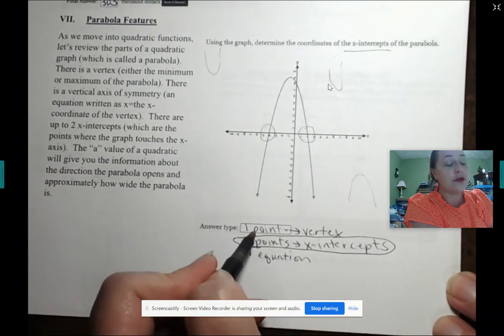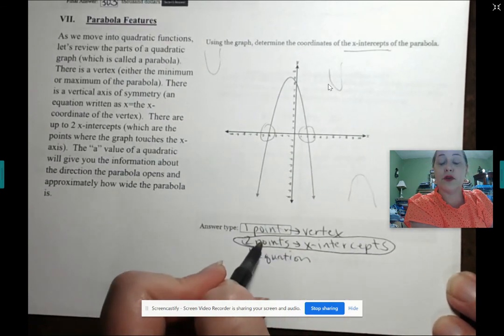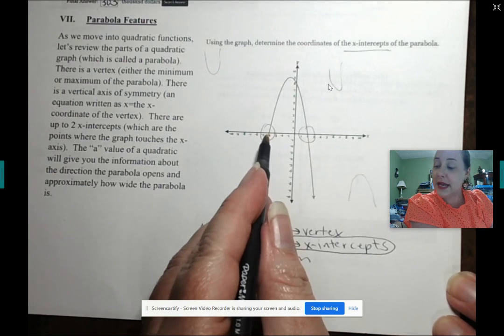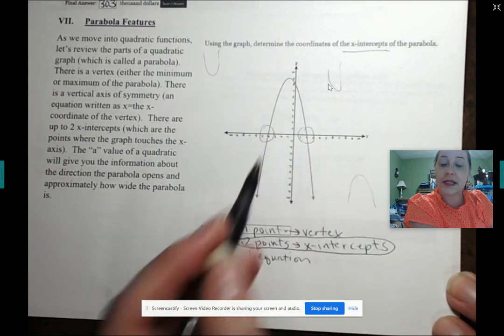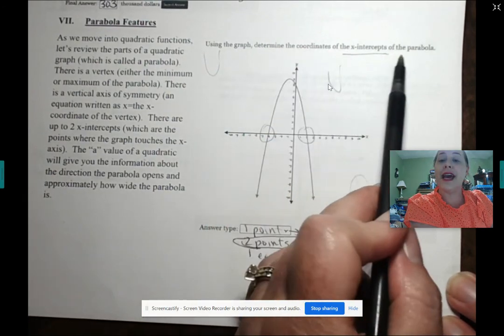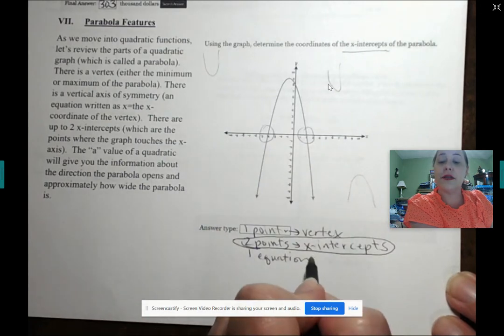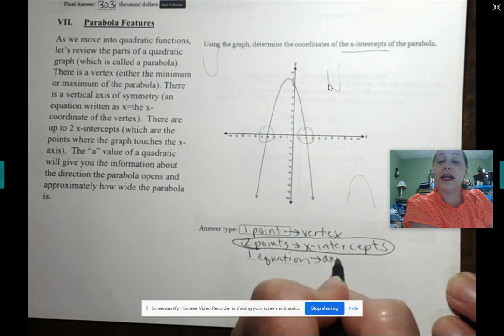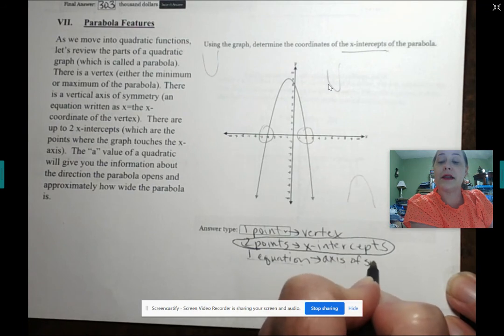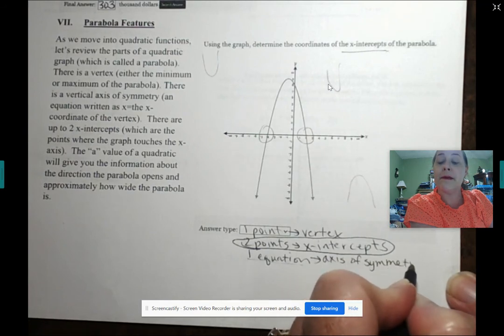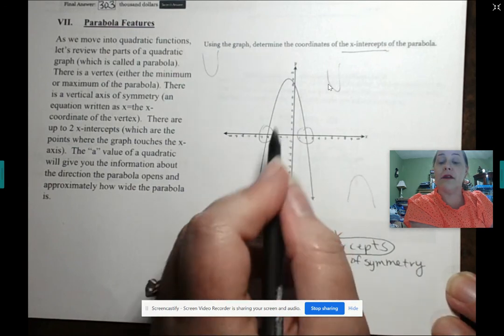So you would click this drop down, you would choose 2 points, and you would write -4 and +2. If it had asked you for the axis of symmetry, you would have chosen this selection off the drop-down menu, 1 equation, so that you can type in x equals and then write the x value of the vertex.